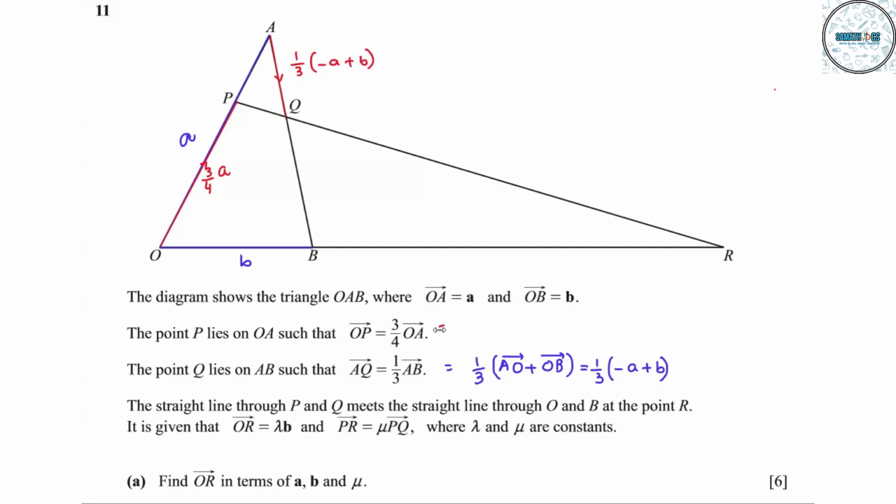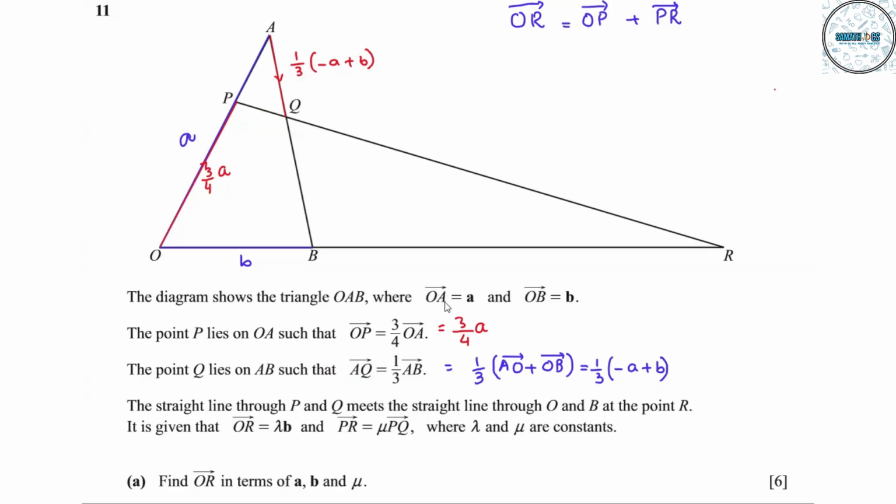OP is 3/4 of a. We have to find OR in terms of a, b, and mu. OR is equal to OP plus PR.